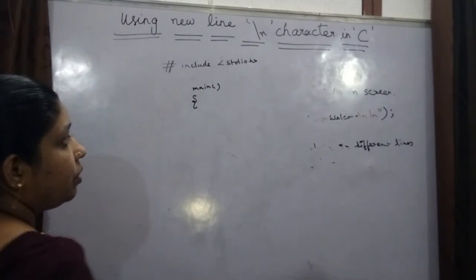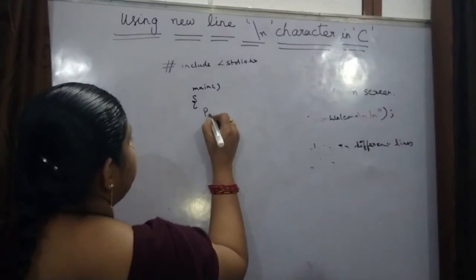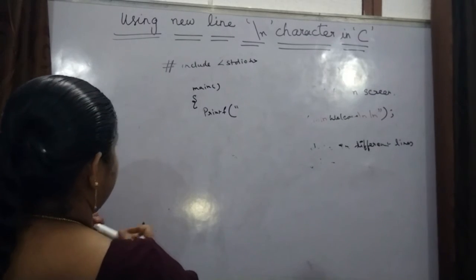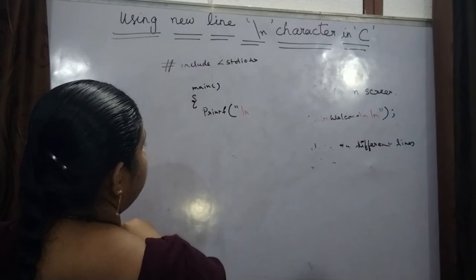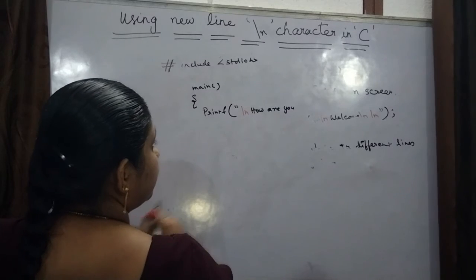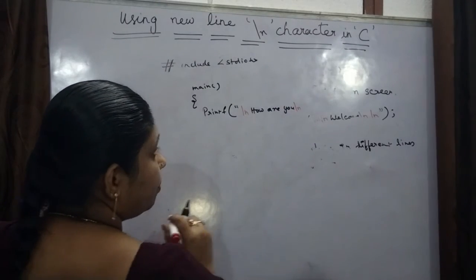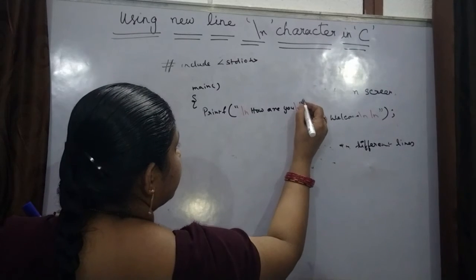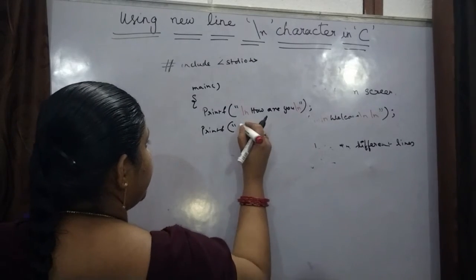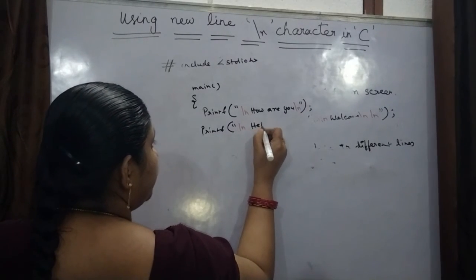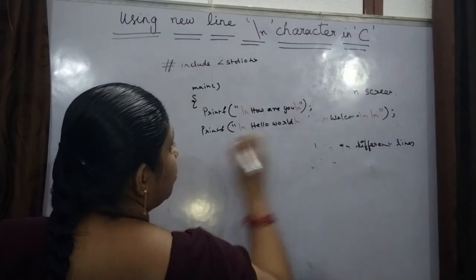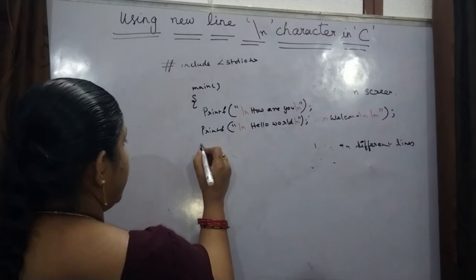In this I'm opening the braces, and I will start printing backslash n, how are you? And if you want to leave one line, you can give like this, close it. Next, printf, open braces, backslash n, hello world, backslash n, close it. Okay, I'll stop here only.